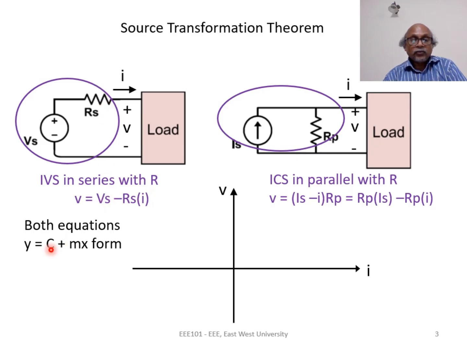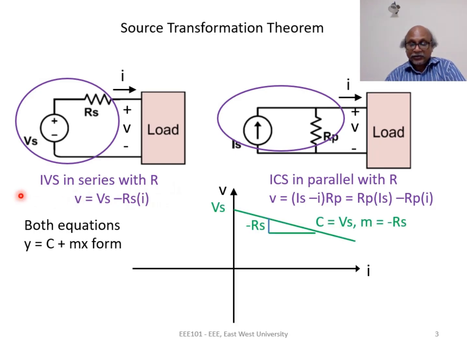Vs is equal to C and minus Rs equal to M. So for zero current, the voltage will be Vs, and as the current increases, the voltage V will decrease. This is given by this straight line. C is the y-intercept of the graph, which is Vs, and the slope is minus Rs.